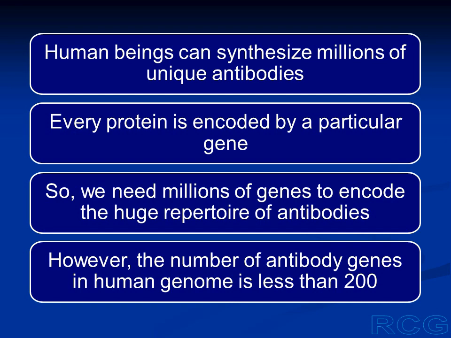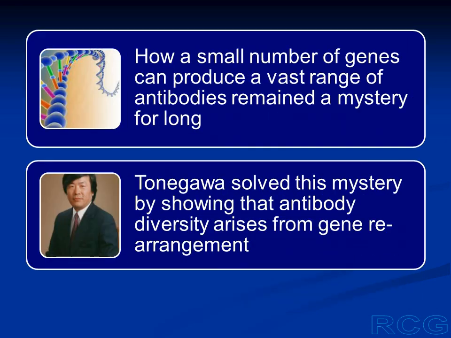But this is not possible. The total number of genes in human beings is just about 30,000. And out of these, less than 200 are antibody genes. So we have a problem: how can we synthesize millions of different unique antibodies from less than 200 genes?